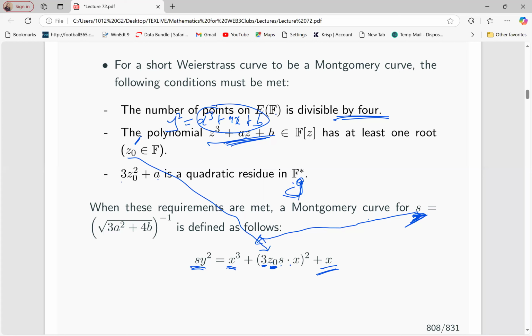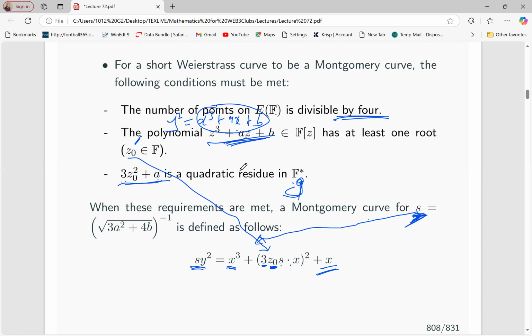Proceed to the third condition. Take that root that you obtained, multiply by 3, add a to it, and see whether this has a square root. If this is met, then you can now convert from the short Weierstrass to Montgomery.